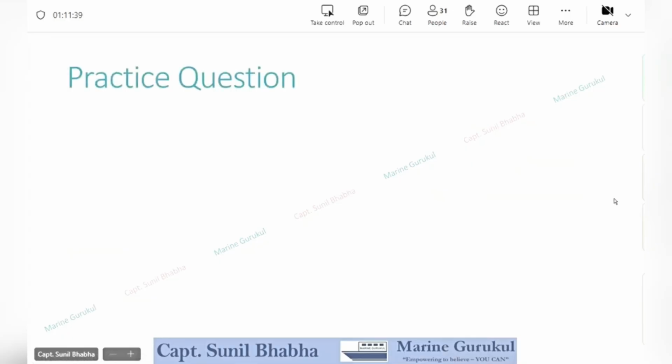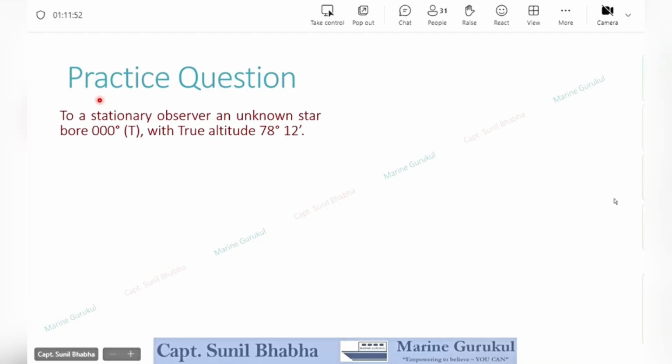Let's now practice a numerical question based on the concept of circumpolar bodies. We have the basic understanding of the circumpolar bodies now, so let's go into this question. The question says, to a stationary observer, an unknown star bore 000 true with a true altitude of 78 degrees 12 minutes.